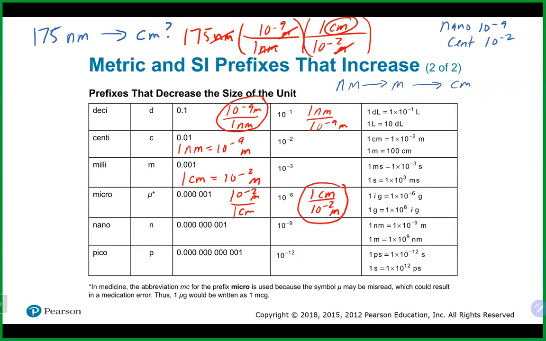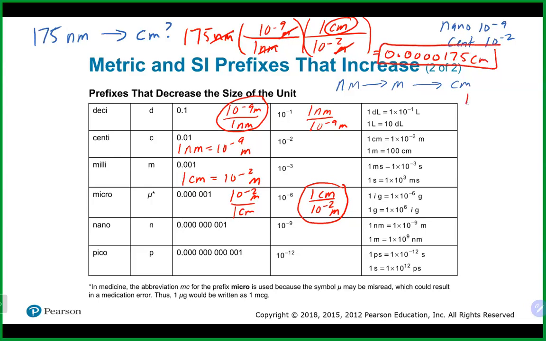So here we're going to multiply everything across the top, which is 175 times 10 to the minus 9, or basically 1 times 10 to the minus 9. You then want to divide it by basically 1 times 10 to the minus 2 on the bottom. And that will get us 0.1234175 centimeters.